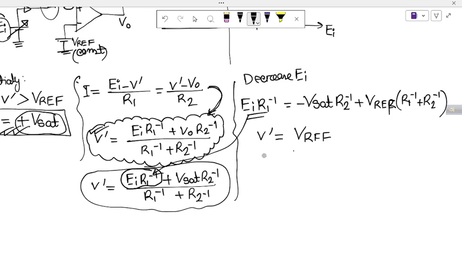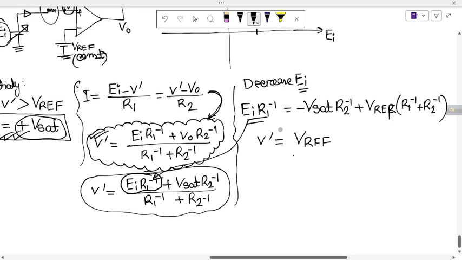If you decrease EI further, this term will be less, and V prime will be less than the reference voltage.